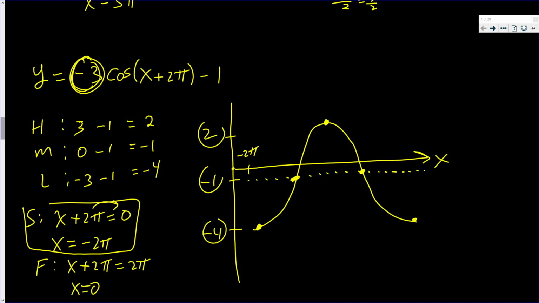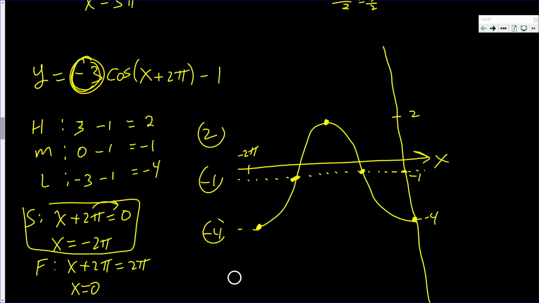So it finishes at 0. So it turns out that the y-axis should be right here. And this should be -4. This should be -1. This should be 2. And I erased this. It was very helpful. We say thank you for assisting us.